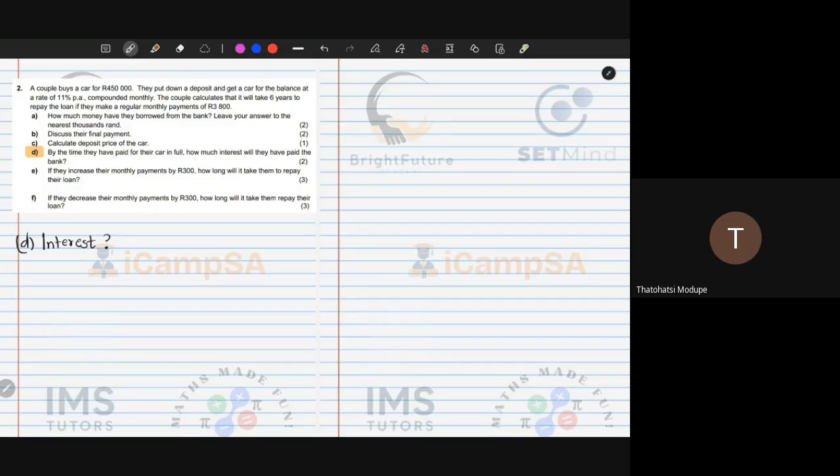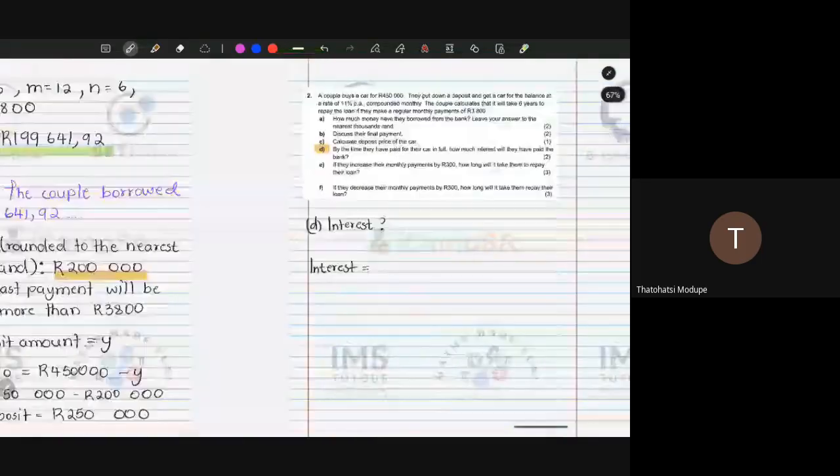Okay. So let's give what she's saying a shot. They are saying that for us to get the interest that the bank made, remember we owe the bank about what, 200,000?